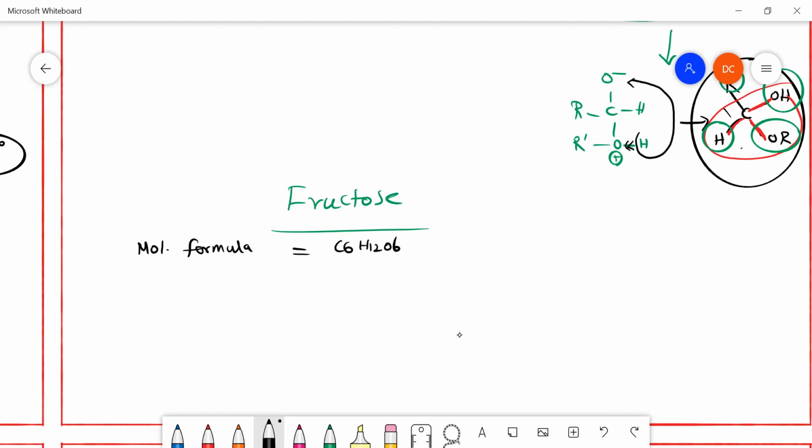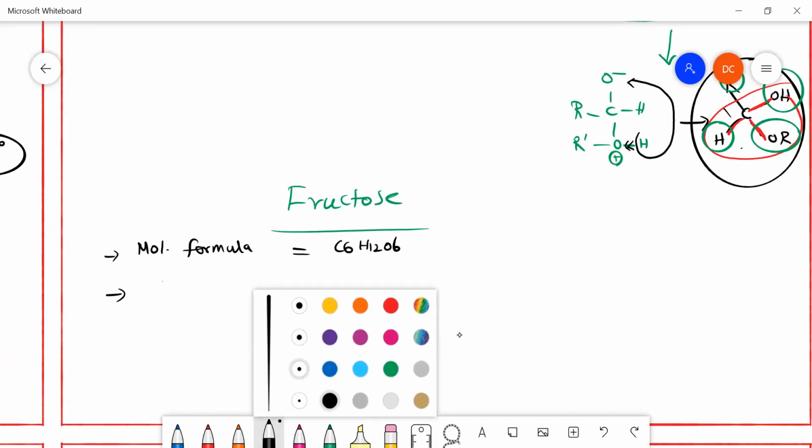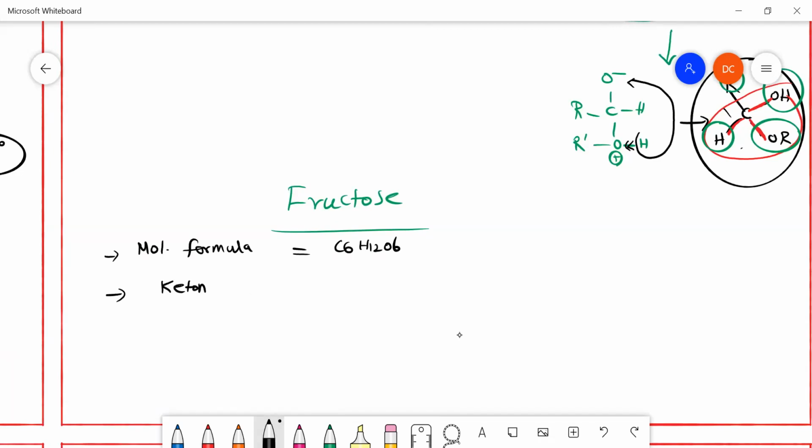Very good. Okay. And what is the functional group present here? Ketone, sir. Yes, the ketonic functional group. Very nice. So both glucose and fructose have the same molecular formula, but glucose consists of an aldehyde functional group, while fructose consists of a ketonic functional group.